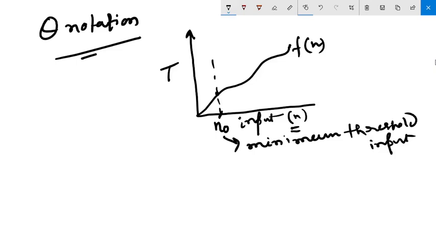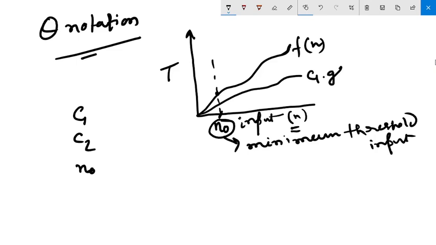So this is your function fn. Now what is the upper bound and what is the lower bound? As I said, we have the theta notation expression, we have this c1, this c2 and this n0, these three constants. c1 and c2 will be such that the function gn is accommodated below fn, such that c1 into gn is the lower bound of fn and the upper bound of fn will be c2 into gn.